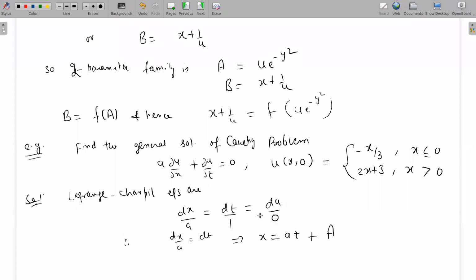Or you can take second and third. So du equals 0, so u is constant. Or you can write first one as x minus at equals a.